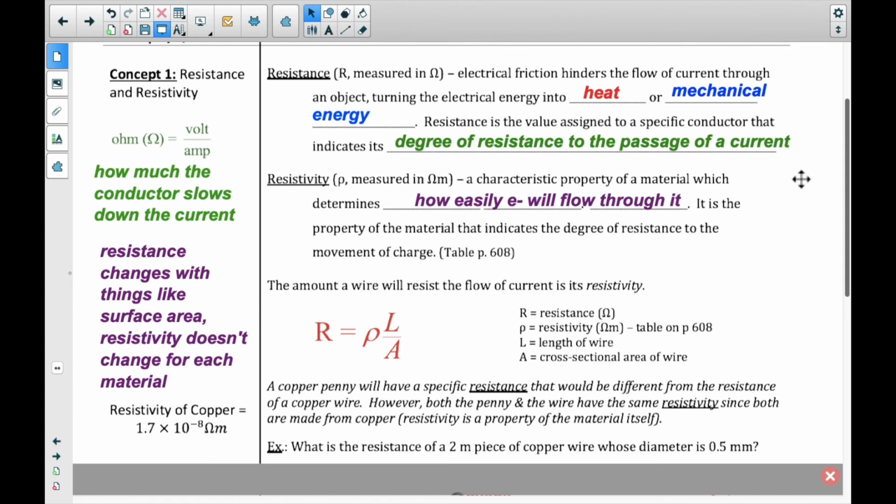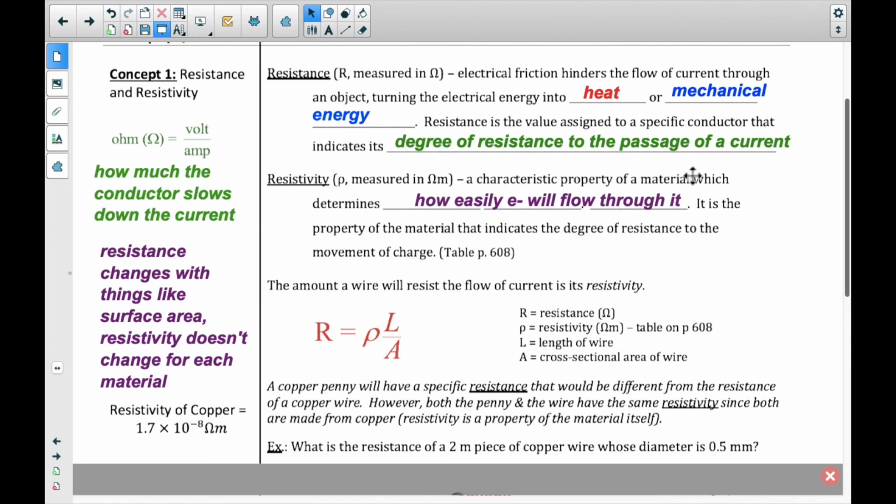Same thing with electrical current. We can slow down the electrical current by changing the shape of things. And so that's what resistance is. Resistivity is a similar concept. It is with a rho. This is another Greek letter, a rho. It's measured in ohm meters.